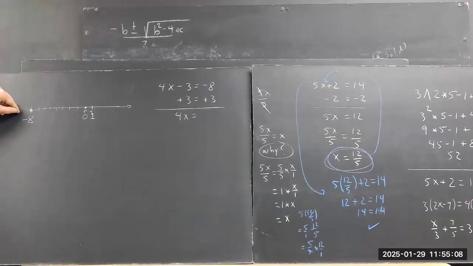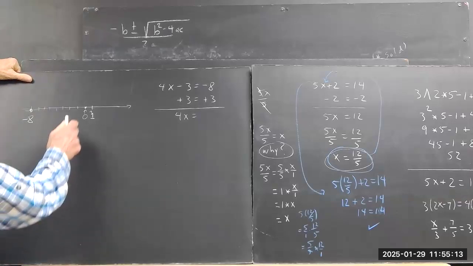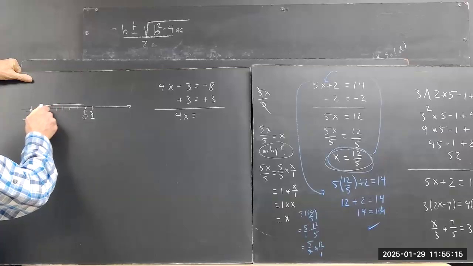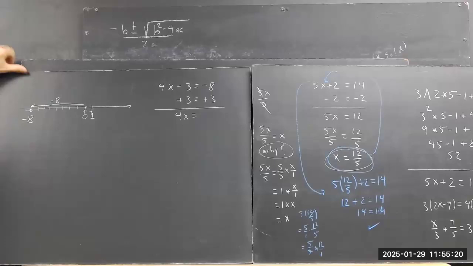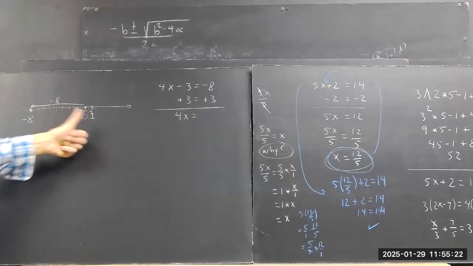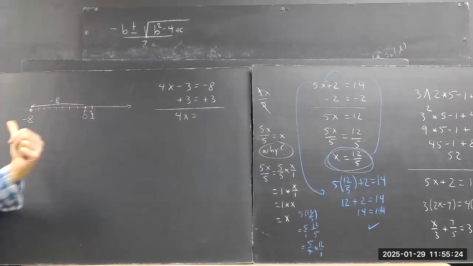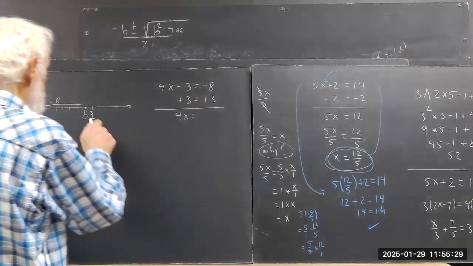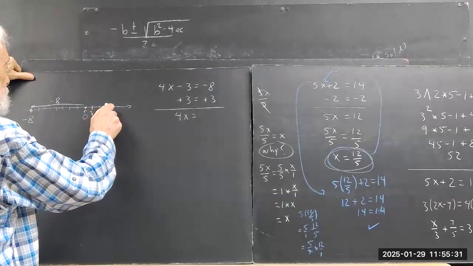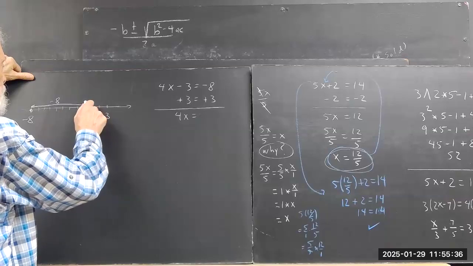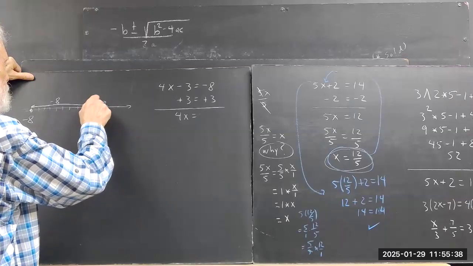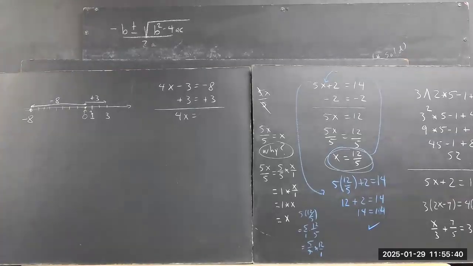Okay, so we've got negative 8 here. Now we can represent negative 8 by an arrow from 0 to negative 8. That arrow represents negative 8. It's going in the negative direction. It's a negative number. And then first plus 3. Well, there's 1, there's 2, there's 3. So there's negative 8, and here is plus 3.